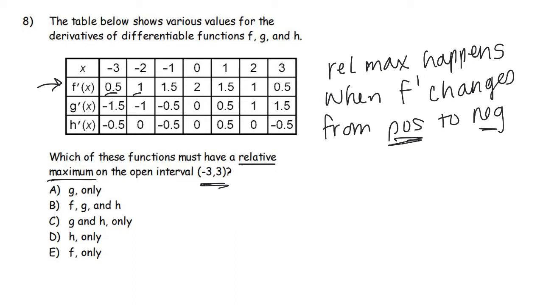Now I know it's not going to be some of these answer choices based on that. H of x, I'm looking for a positive value to a negative value. There's one. So it looks like we might have h being the only function that happens on. So your answer choice is D.